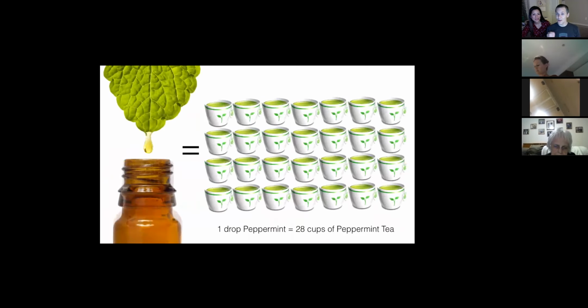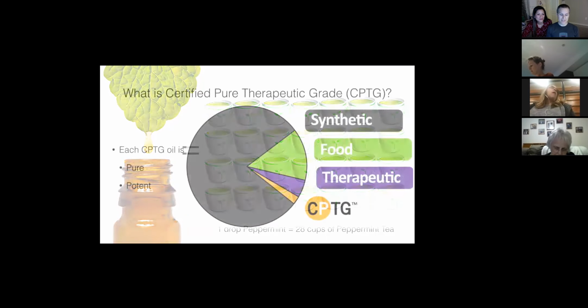Essential oils are also very highly concentrated. One drop of peppermint essential oil is equal to 28 cups of peppermint tea. So you can either go to the bathroom a lot after drinking lots of tea, or just put a little bit of essential oil into your water. Usually it only takes 1 or 2 drops to take care of the job.